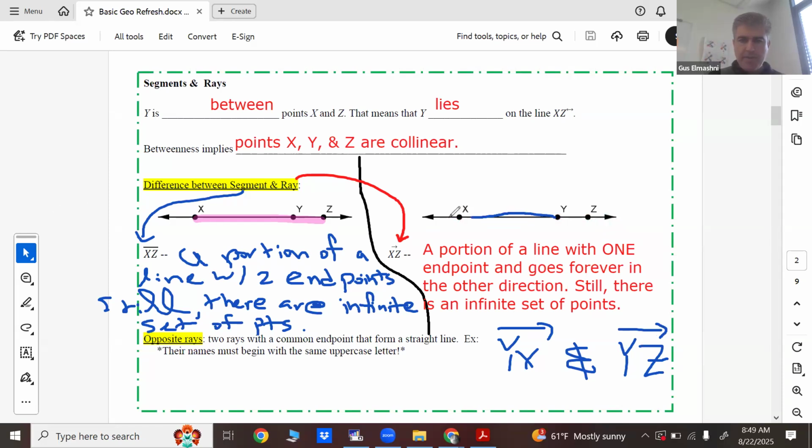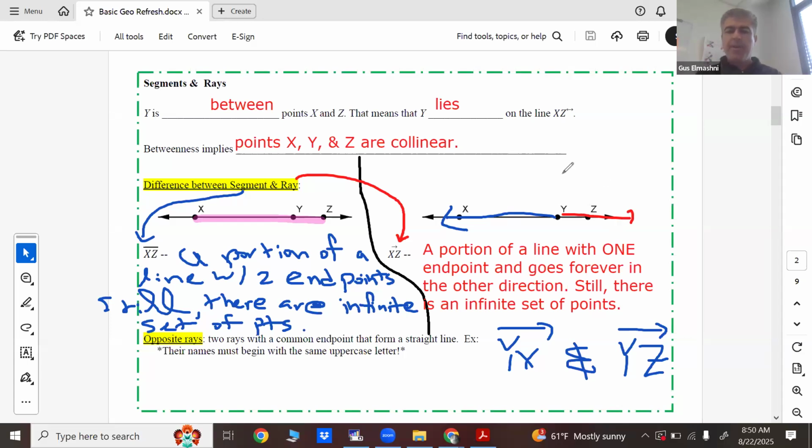I'll call this YX and I'll do this in red. I'll call that YZ. So notice both those rays start at the same place, but they clearly go in opposite directions, right? It's pretty obvious. One goes toward X, one goes towards Z. So those are the opposite rays. Common endpoint, but opposite direction. And of course, together they form a straight line.